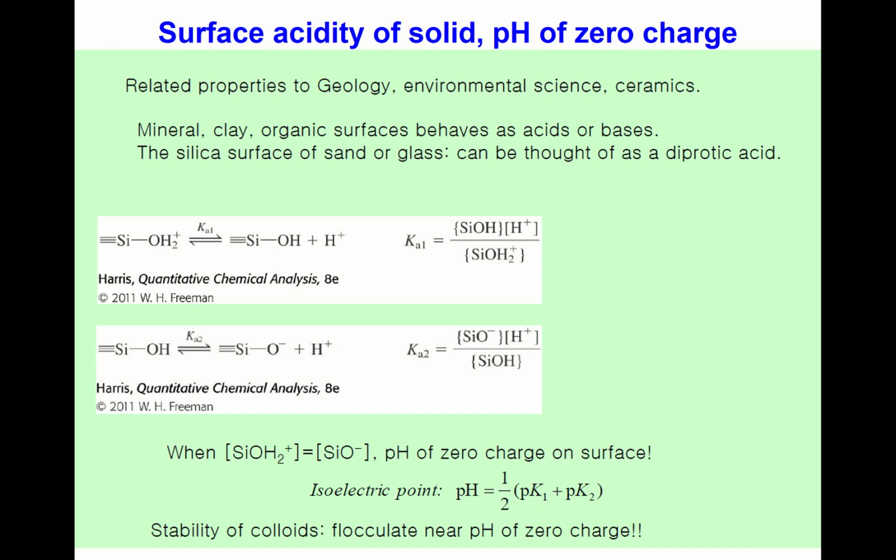People wondered why the colloidal particles are quite stable. Colloidal particle size, as I said, is between 1 nanometer up to 500 nanometers. They are subject to a gravitational force, and then colloidal particles must get together and sink down to the bottom, right?